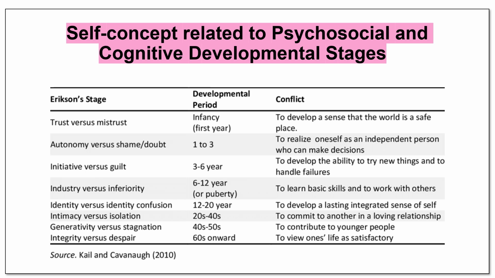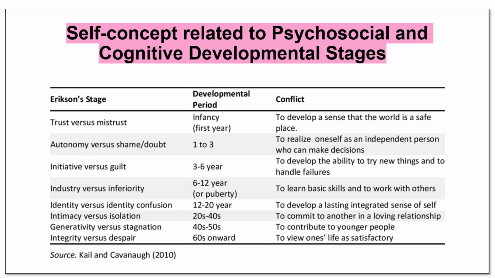So, the first year of life, the infant is challenged with the development of a sense that the world is a safe place. Then we have autonomy versus shame and doubt in the toddler years. So their developmental task is to realize oneself as an independent person who can make decisions.